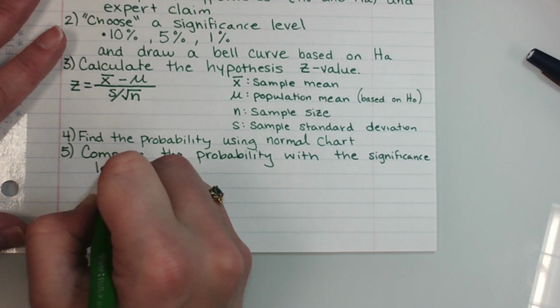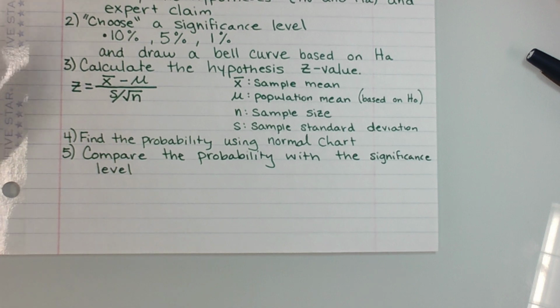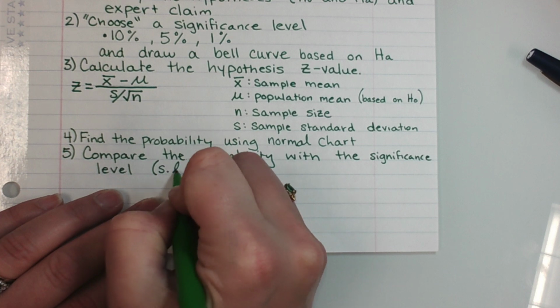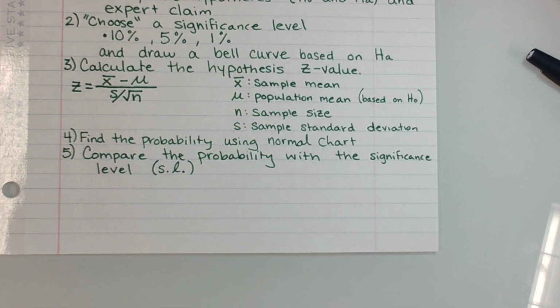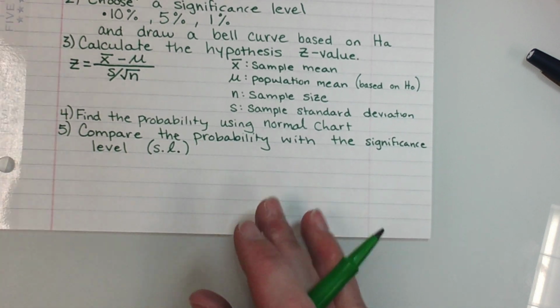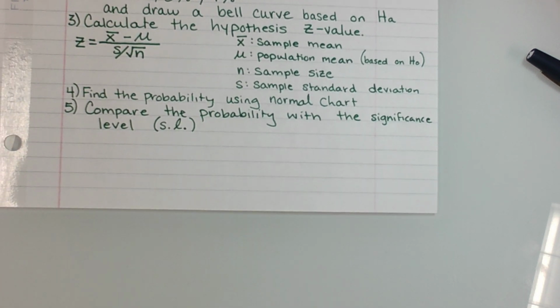You're then going to compare that probability with the significance level. Significance level I'm going to shorten down to SL for what I'm about to write. So the probability that you calculated is the probability of the sample having that information, assuming the expert is correct.